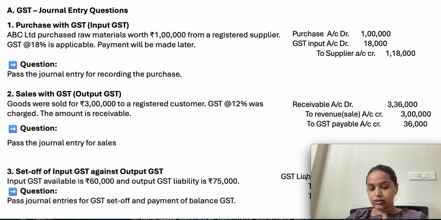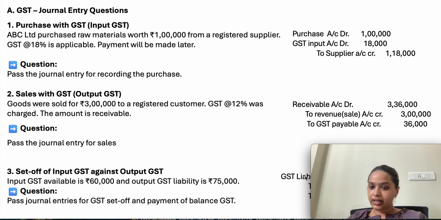Okay, and also under the GST we have two types of transaction. First of all, intrastate transaction and interstate transaction. If you procure goods or services from your same state, then it will be an intrastate transaction and CGST and SGST will be applied. Suppose 18% GST is applicable, then 9% CGST and 9% SGST will come in this scenario.